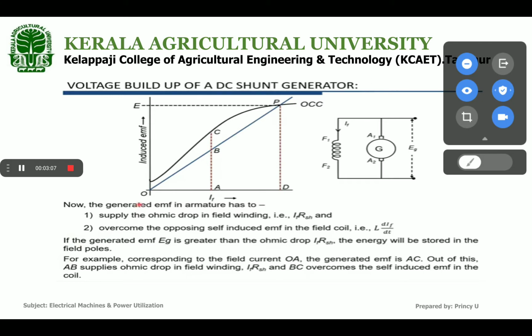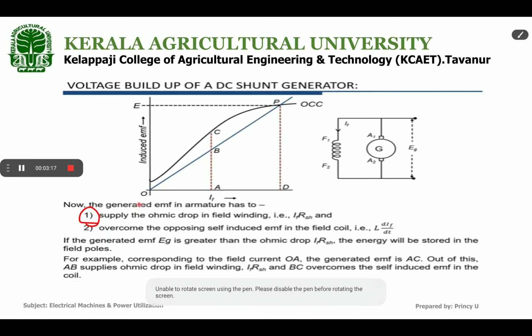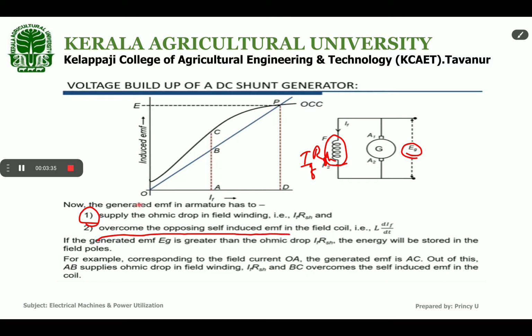The generated EMF in the armature has to supply two things. One, it has to supply the ohmic drop in the field winding, that is the IR drop IF RSH. And it has to overcome the opposing self-induced EMF in the field coil, which is L into dIF by dt.